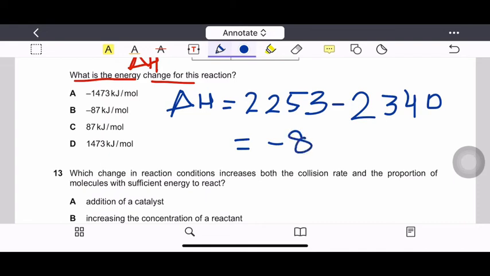So answer is minus 87 kilojoule per mole. Answer is B.